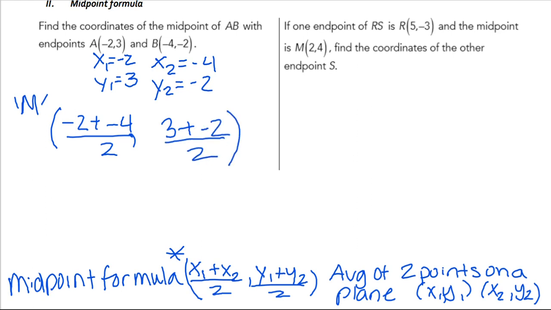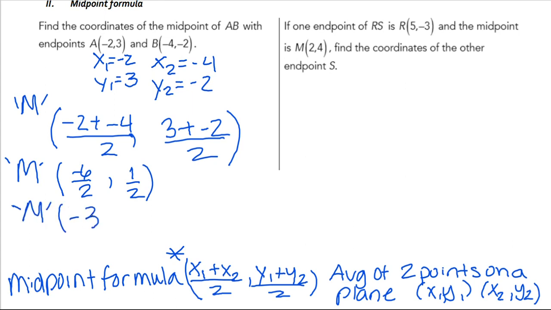So we're going to solve. Midpoint M is equivalent to -6 divided by 2, and in this case 1 divided by 2. So midpoint is going to be -3, comma, 1/2. And that's your solution.